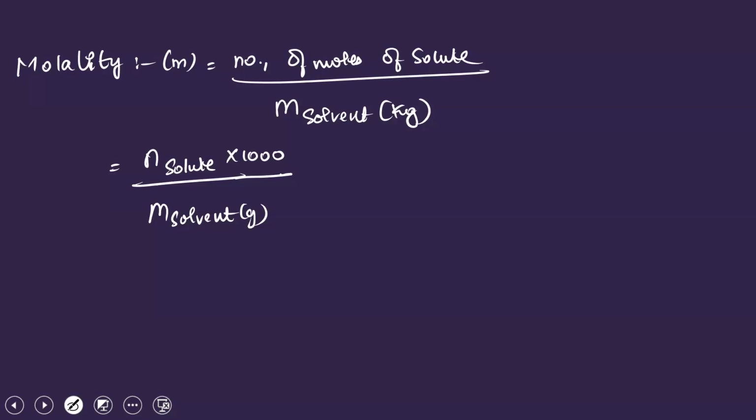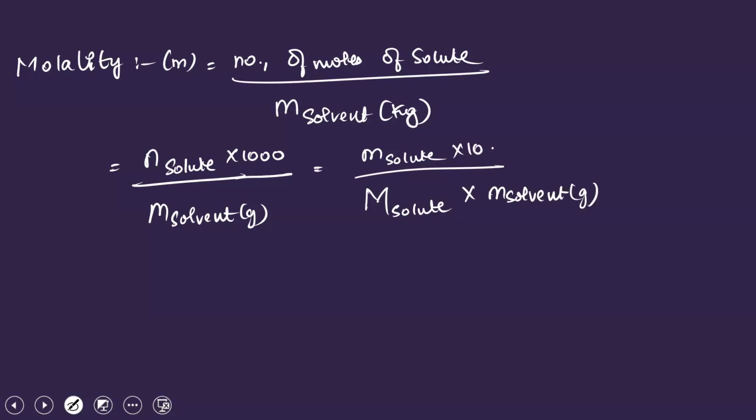So number of moles of solute is equal to given mass of solute by molar mass of solute into mass of solvent in grams into 1000. This is given mass. This is molar mass. Is that clear?